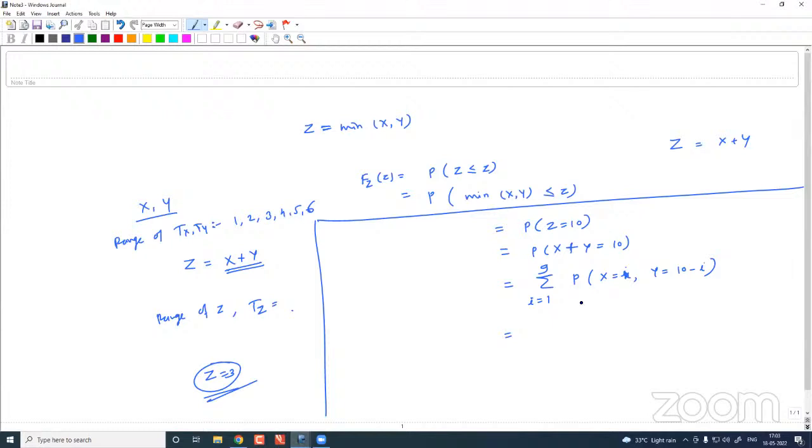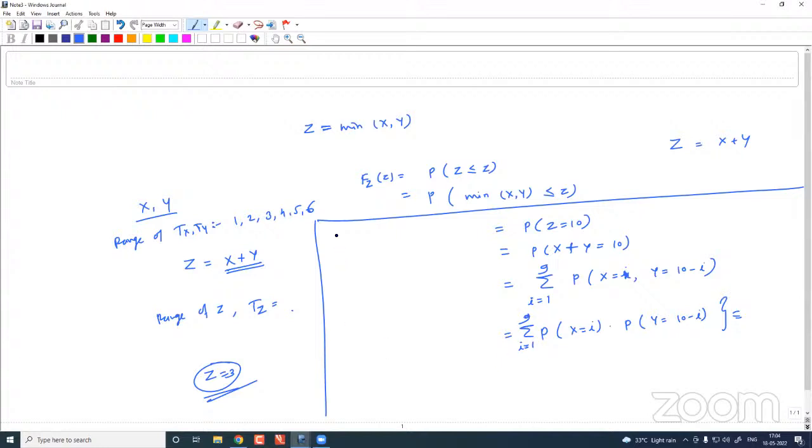Since they are independent, it is the probability that X equals I times the probability that Y equals 10 minus I, and the summation again goes from 1 to 9. Is this step okay? Yes, sir.